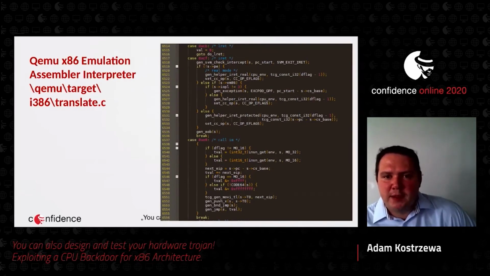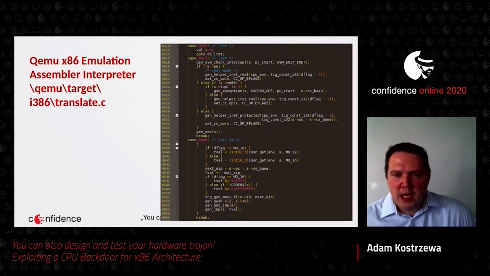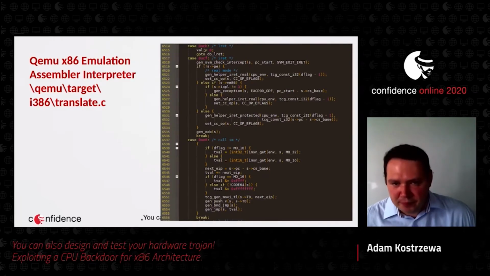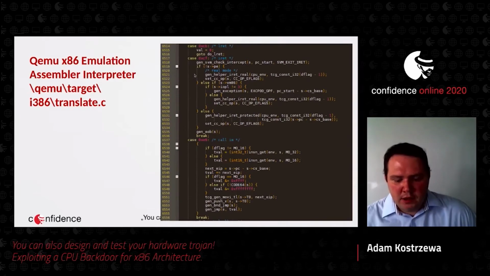there is a big switch case in translate.c, a file where the translation of specific instructions actually happens. Here you have functions which are altering the state of the emulated processor. You see from top to bottom, you have a case, then the hexadecimal value of a return instruction from the x86 ISA, and then the code which is altering the processor state.